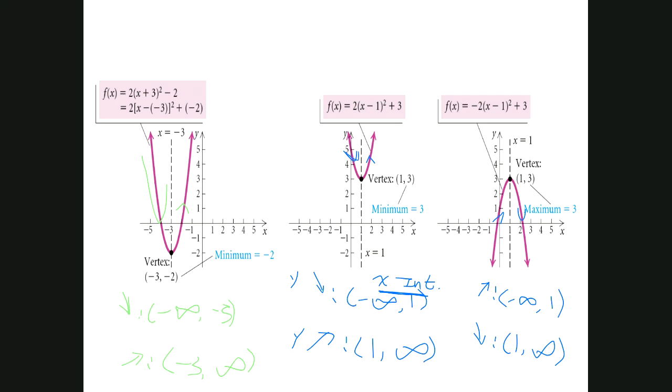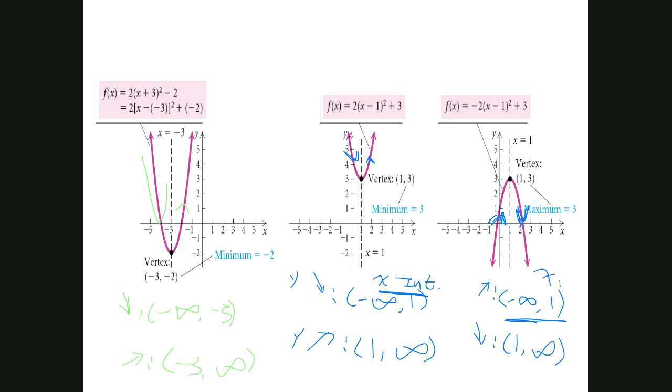For this part, Y is increasing, right? And then for this graph, Y will be increasing. Look at that. From left to right, Y is going up, so it's increasing. From left to right, after the vertex, this is going down, so that's decreasing. But when you write down the interval, you will have to write down the X. So when you write down the interval, you only look at the X. That's exactly right.